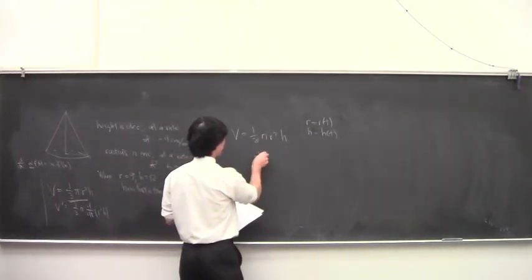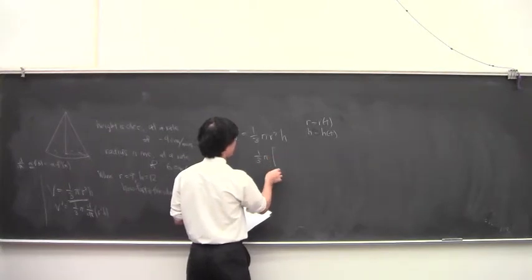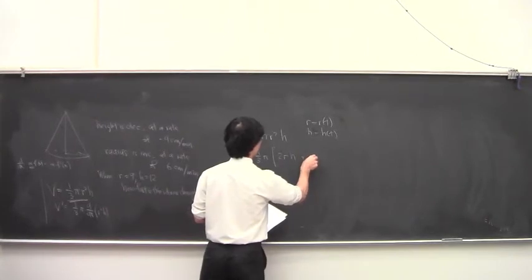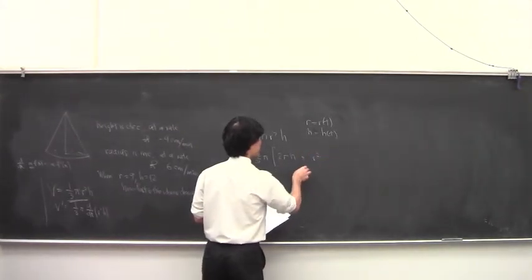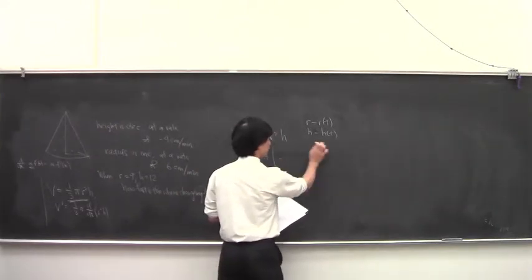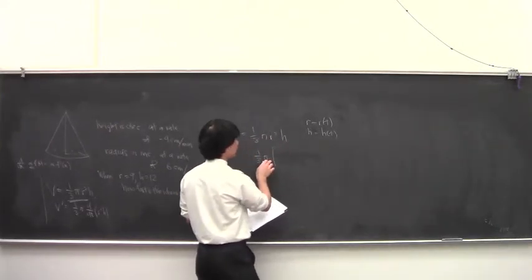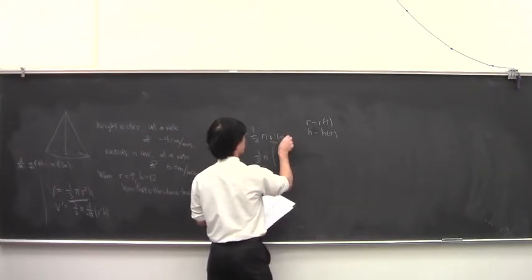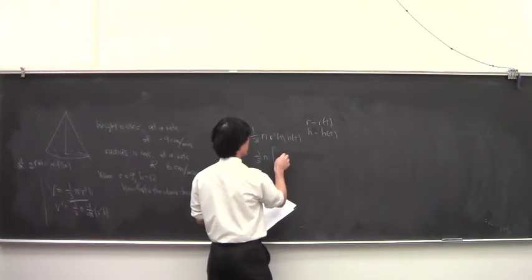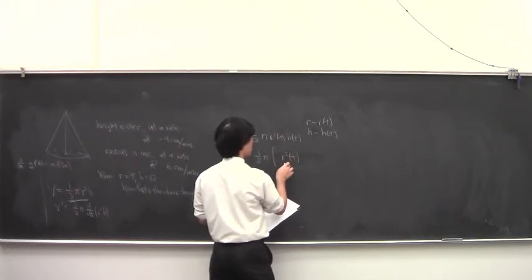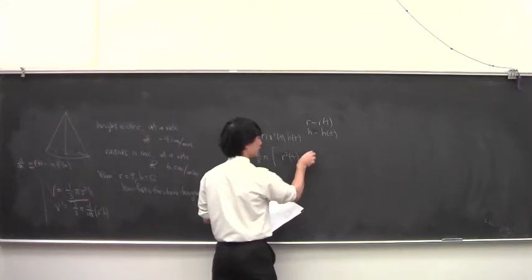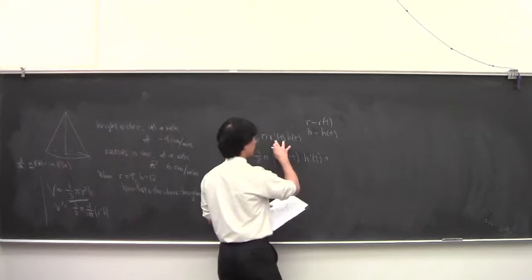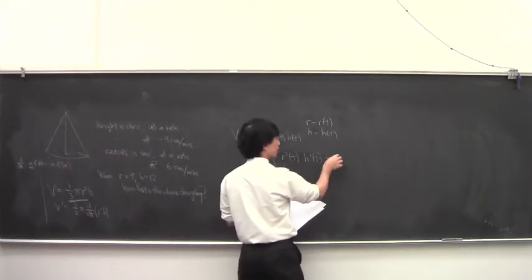1/3 pi times 2RH plus r squared. So how did you get that? The product rule. So these guys are both functions, right? You take the first guy times the derivative of the second guy, so that should be h prime, and then the derivative of the first guy. What's the derivative of r squared? 2r.